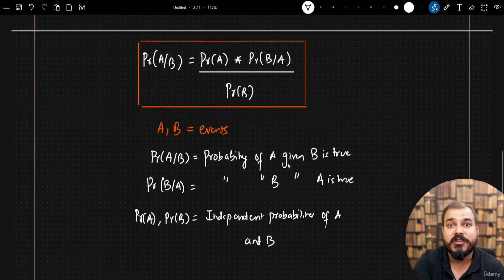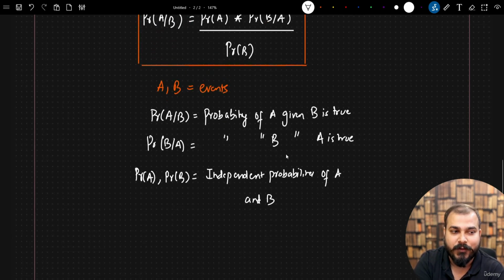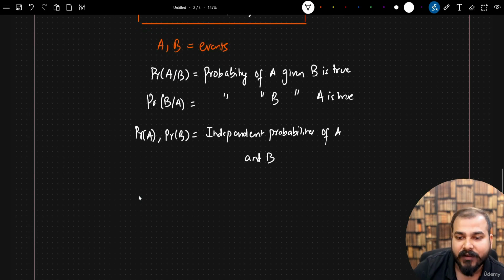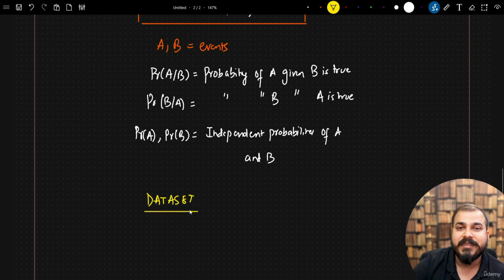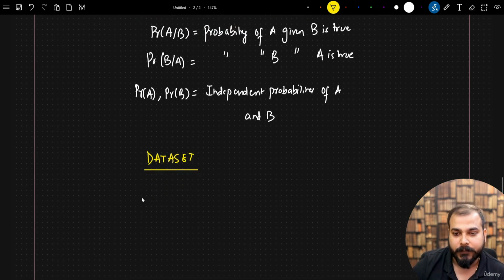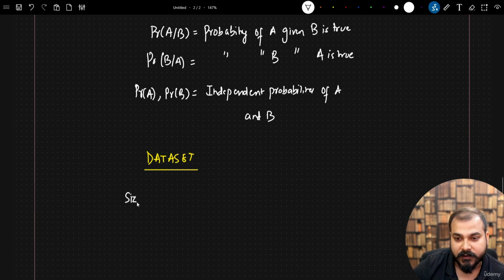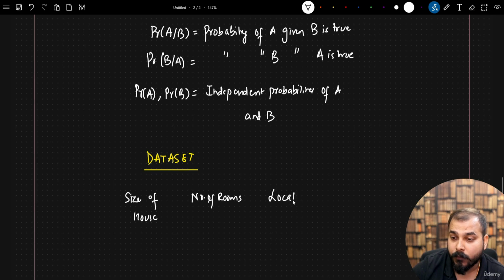Now let's go ahead and consider a data set. We'll try to understand how it will be applicable and useful in machine learning. Let's say I have some features like size of house, number of rooms in the house, and location.